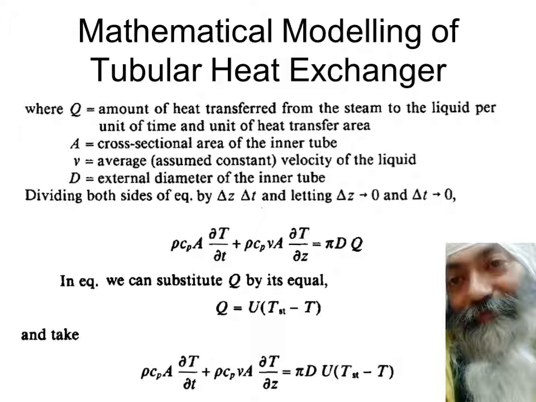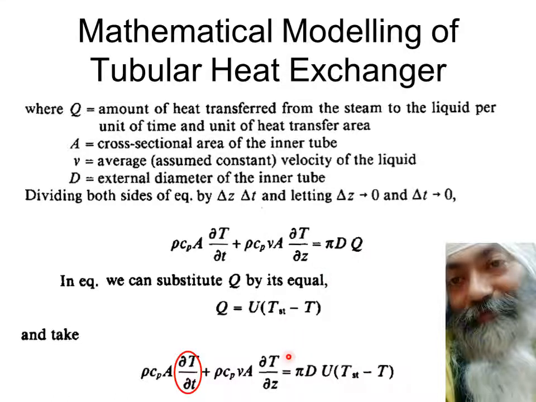But before we conclude the session, it's already getting quite long today, it's important that we understand that this pi into d into q, this q, as we said, is equal to the overall heat transfer coefficient into area. It's already multiplied by area, so we need not multiply by area once again, into the temperature difference, and we put it over here.